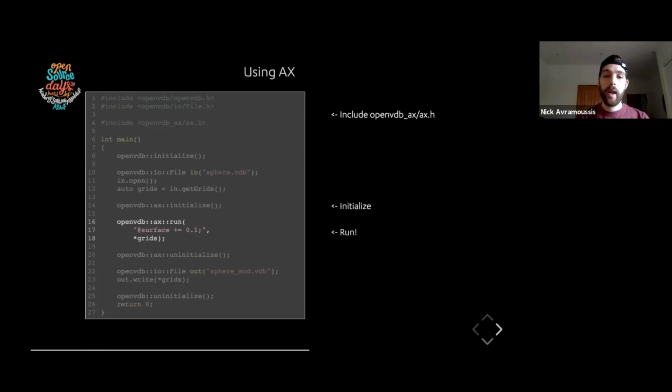We can then run any custom AX code. So here, we're looking for a surface attribute or grid. Attribute if it's points, grid obviously if it's a VDB volume, and we're accumulating just a small value onto that, and passing in the grids that we've read from the file, making sure we uninitialize AX, and then writing everything back out to disk. So hopefully that demonstrates how simple it can be to incorporate AX into existing VDB workflows.